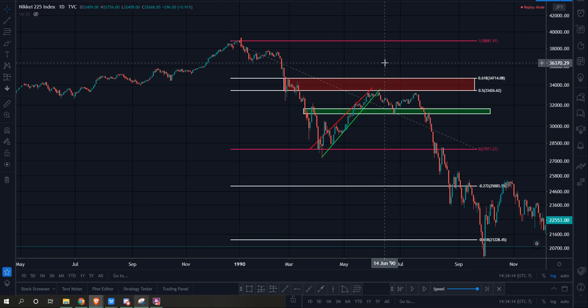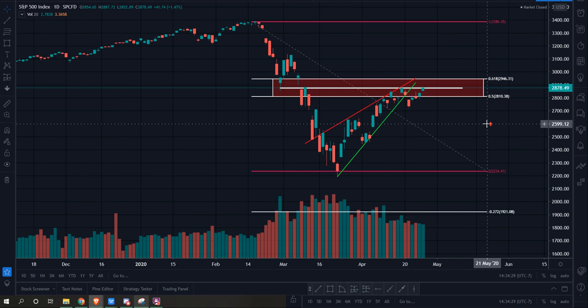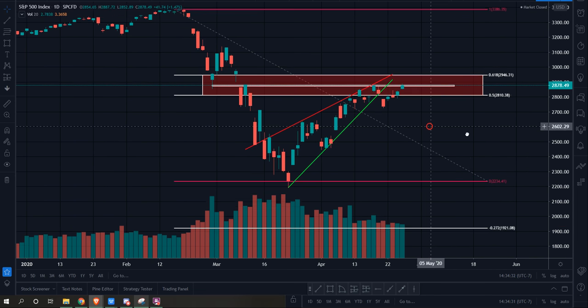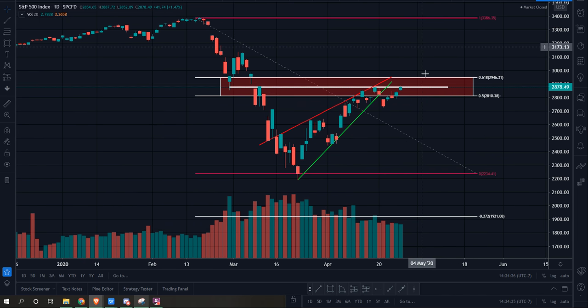The most important place that we want to be looking to change our bias from a bearish bias to a bullish bias, in my opinion, is going to be the 61.8% fib level. If the price does go above this zone on the daily chart, I will have to change my bias. I've fully accepted that. But until it breaks this zone, as long as we're sticking within or below the supply zone, I'm going to have a bearish bias.